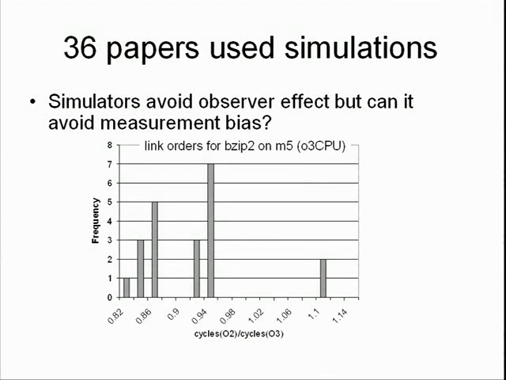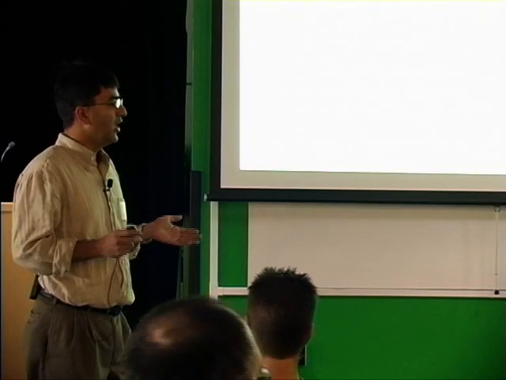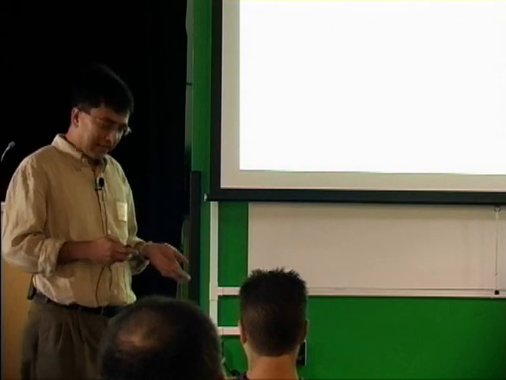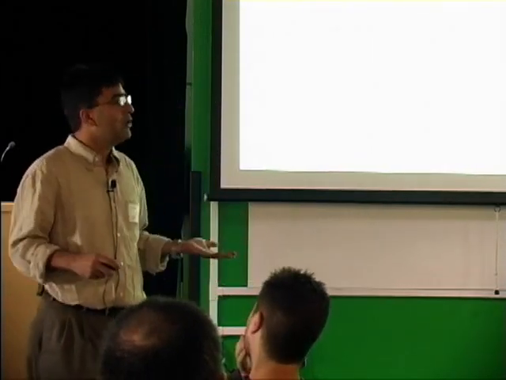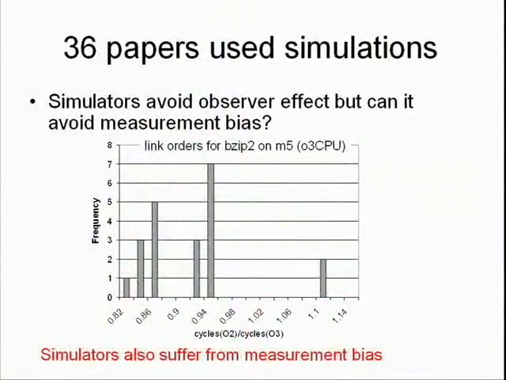And the y-axis tells you how many times you observed a particular speed up. So in some sense, this is a histogram that gives you a distribution of the results. We see that even in the simulator, if you take the rightmost point and the leftmost point, we saw almost a 20% swing in performance due to changing link orders. In other words, simulators may be immune to observer effect, but they are not immune to measurement bias. It's something you still have to deal with.